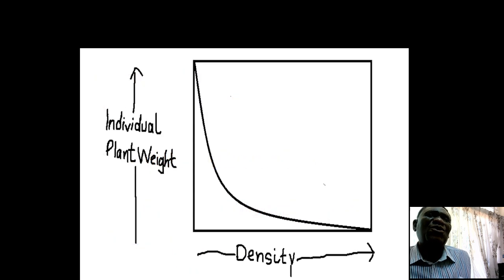But if we're looking at the response of individual plants within the mixture, as you increase density, the contribution of each plant becomes decreased because of competition. Where you have few plants, each plant is contributing a lot. That's why we are having that curve.